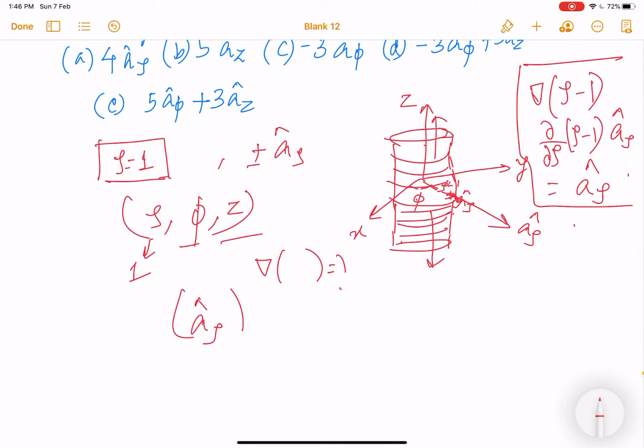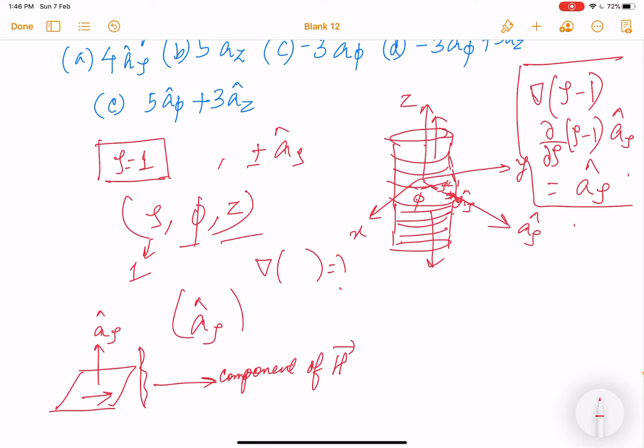Basically what I'm saying is, suppose you have a surface over here and you know the normal vector, that is your a rho cap in this case. You want a component of H that is parallel to this surface. Since I have a vector that is perpendicular to this surface, this will obviously be perpendicular to this component as well.